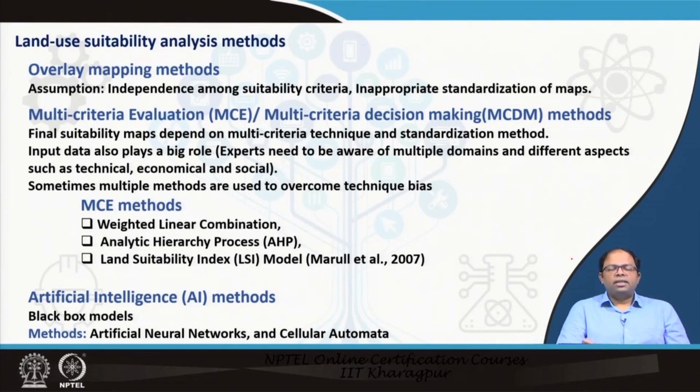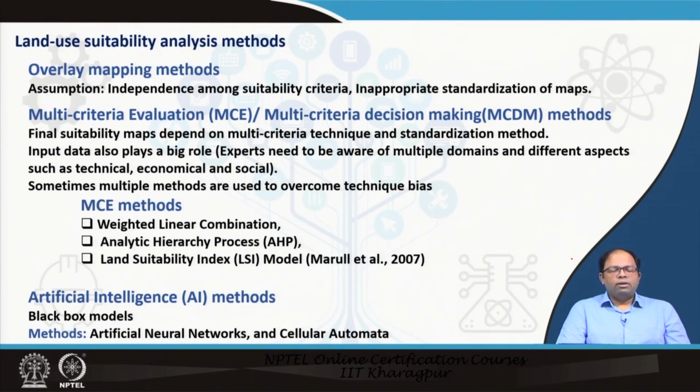That means if there is correlation between them, we are not going to consider that correlation, because certain things depend on other things. So we assume that each map is independent, and using each map independently, and then based on the exclusion criteria, we can arrive at our final objective or the suitable areas. And sometimes maps are not standardized, so that is another issue that we may face in this particular method.